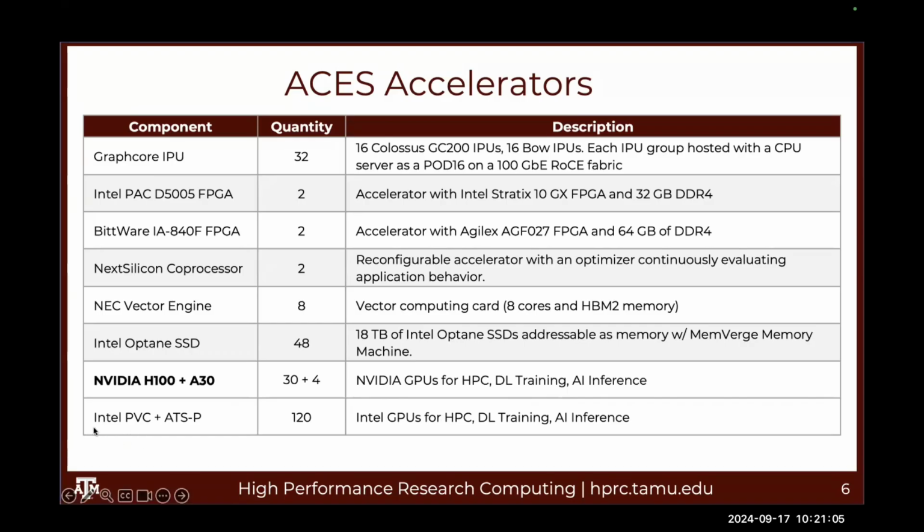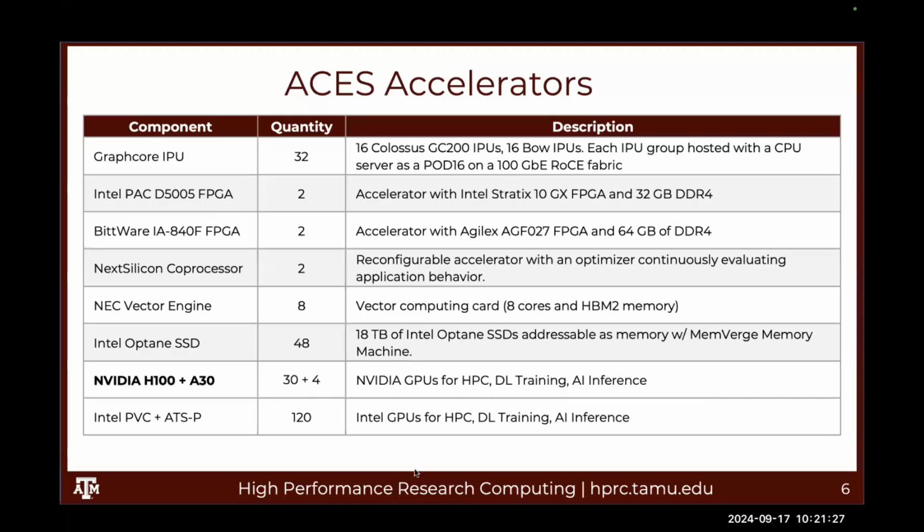For Intel Data Center Max, this is the Intel PVC GPU, and the official name is Intel Data Center GPU Max 1100. They also have the 1550, I think, but we have the 1100.